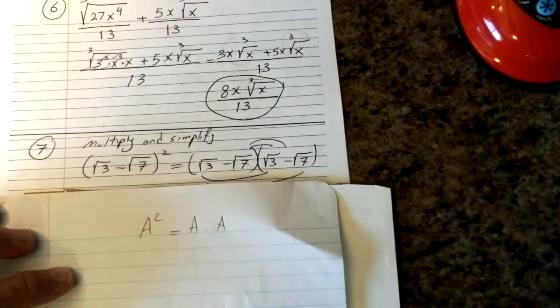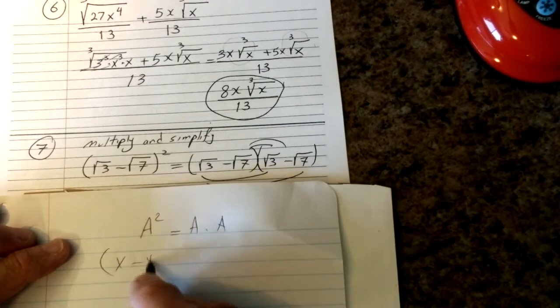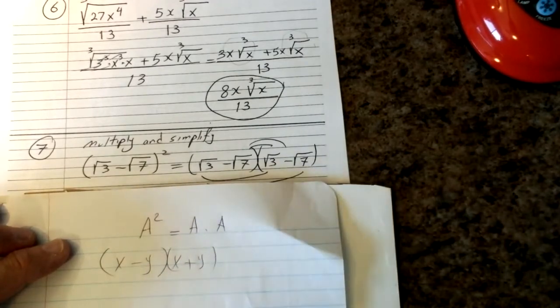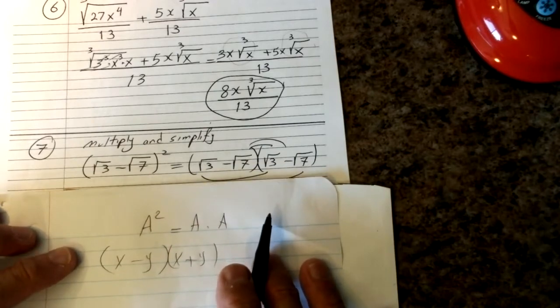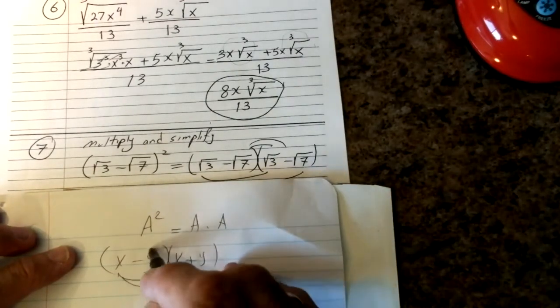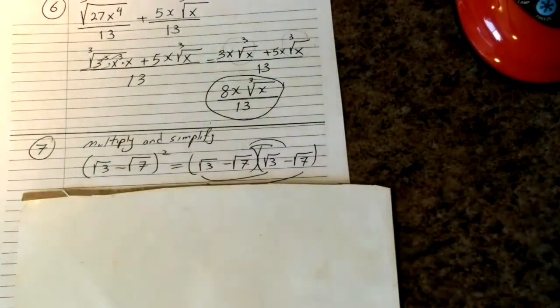That's what you're doing here. So if you have two parentheses, let's say you have x minus y and x plus y, something like that, there are several ways to do the multiplication. We practiced in an earlier chapter. You start from the first one and you distribute. You take this and multiply by these two, and then you take that one and multiply by the second one. Okay, so we do the same thing here.